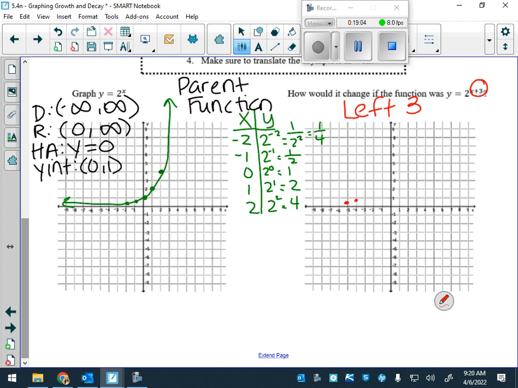If I'm moving to the left, where would I be? -3, 1. So right now, the only thing changing is my x values. My y stays exactly the same. 1 now becomes -2, 2. 2 is now -1, 4.